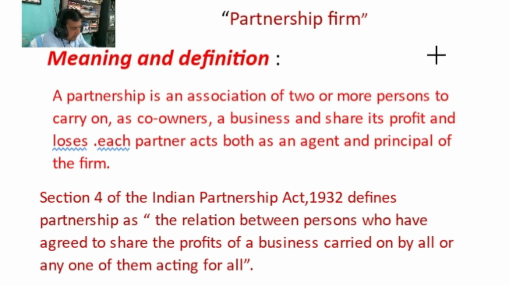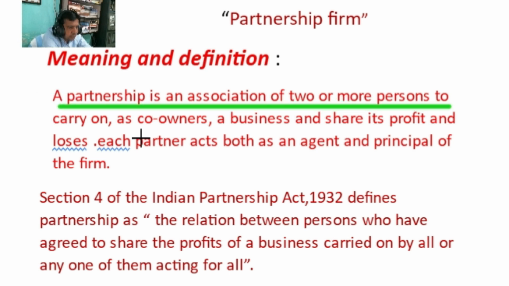The meaning, definitions, and features of partnership form are what I am going to discuss here. A partnership is an association of two or more persons to carry on as co-owners. They hold the assets and liabilities jointly and share its profit and losses.